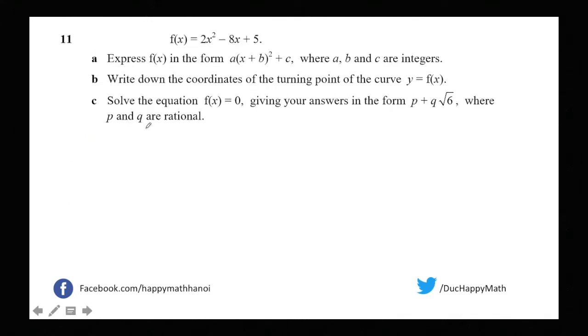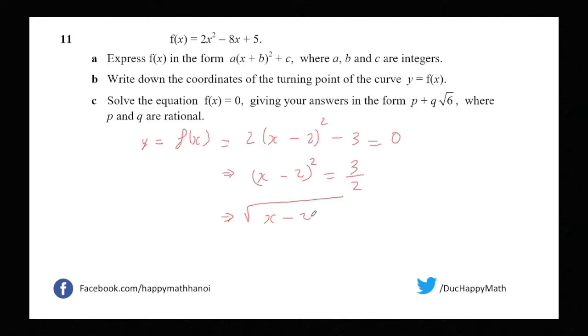Question C. After you finish question A, you will get f(x) equal to 2 times (x minus 2) squared, minus 3, and this one has to be equal to 0. So I make the square the subject, and I take the square root of both sides. The square root of the square equals plus or minus, which means the absolute value of x minus 2 equals the square root of 3 over 2.